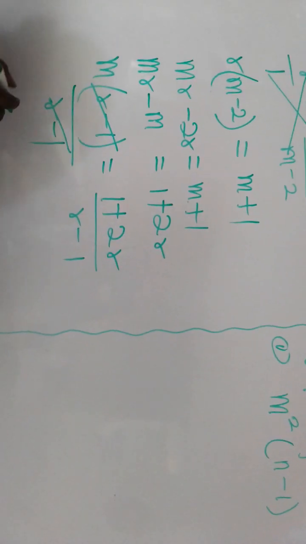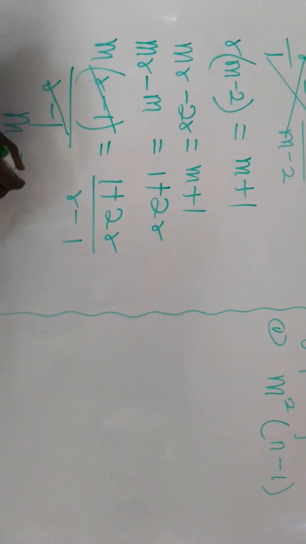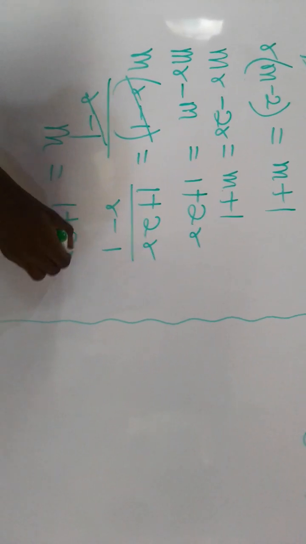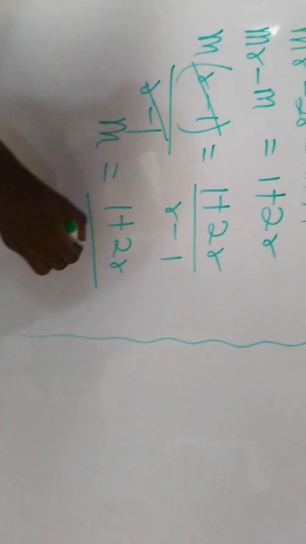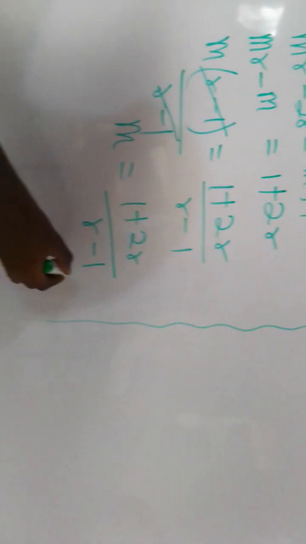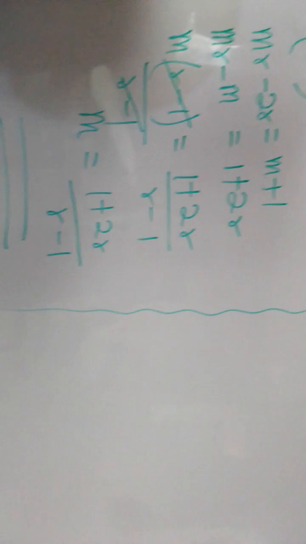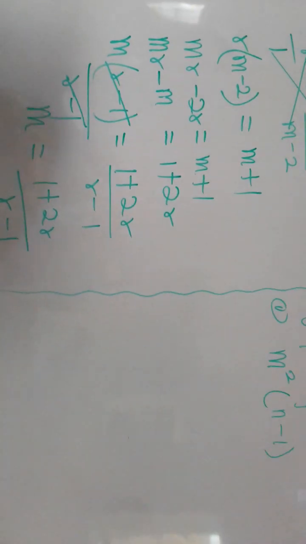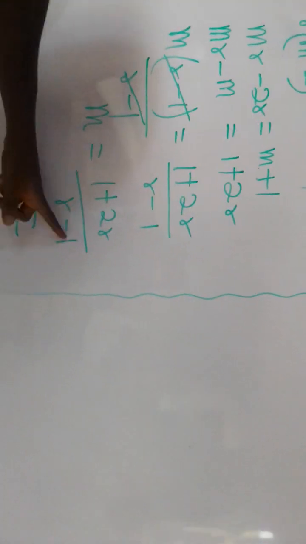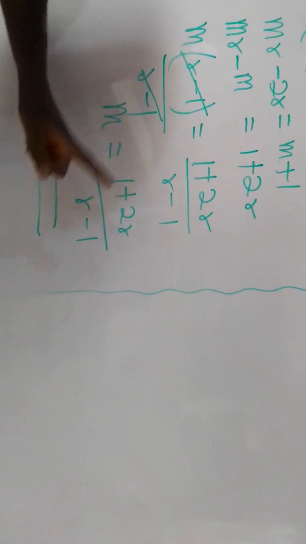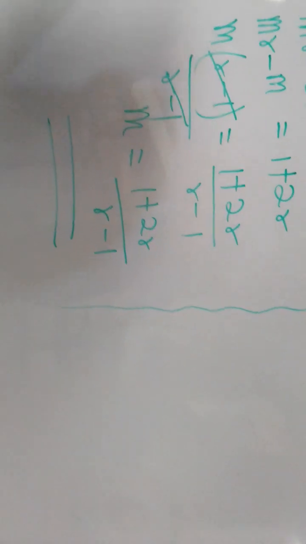This will cancel this. Therefore, M equals 1 plus 2R all over R minus 1. So this is how you're going to get your answer. Please and please again, never and never cancel this and this. Don't cancel. Or you cancel this and this. No. Okay? Good. Now let's go to the last question.